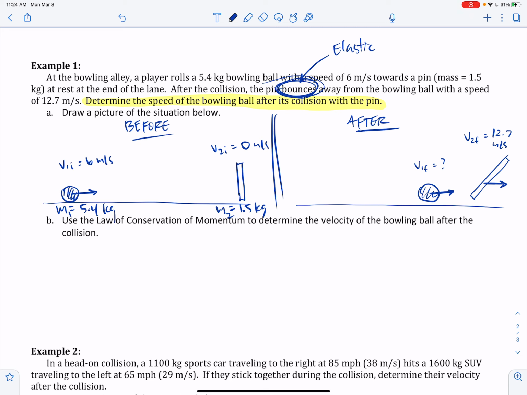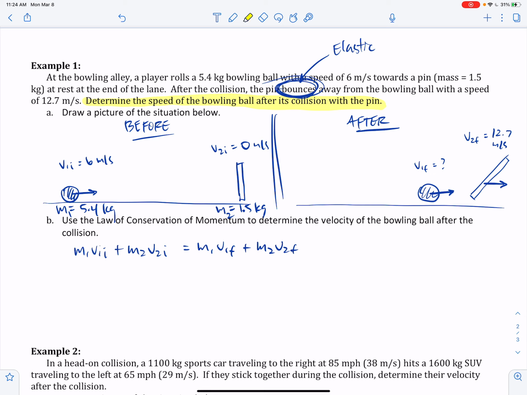So let's start with the conservation of momentum equation for an elastic collision. It goes like this: M1 V1 initial plus M2 V2 initial is going to be equal to M1 V1 final plus M2 V2 final.